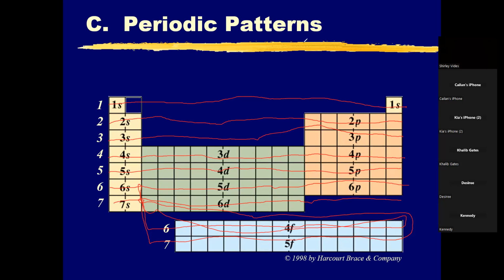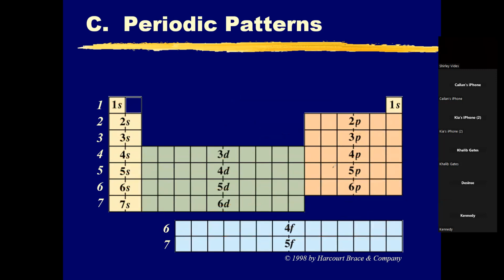So let's say we don't even know which element this is, but let's try to do the electron configuration for this guy right here. What you would do is write down 1s2. That's these two, right? Then you would do 2s2 because these two right here are taken, and then 2p6.